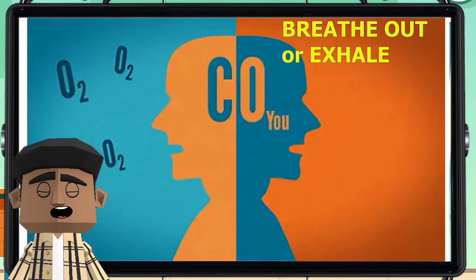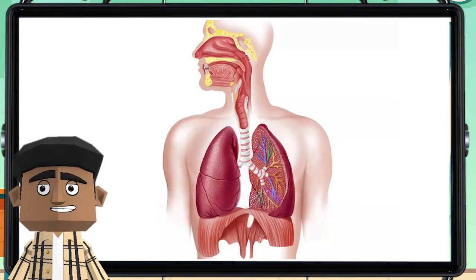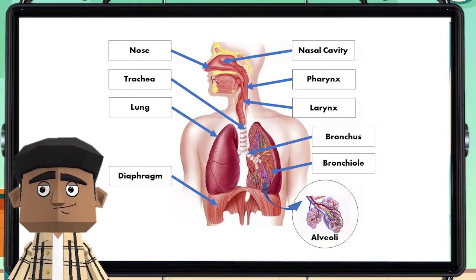Now that we know what the respiratory system is and its main function, let us now identify each part and its individual function. The illustration tells us that the respiratory system has several parts. Can you read each part? Very good.